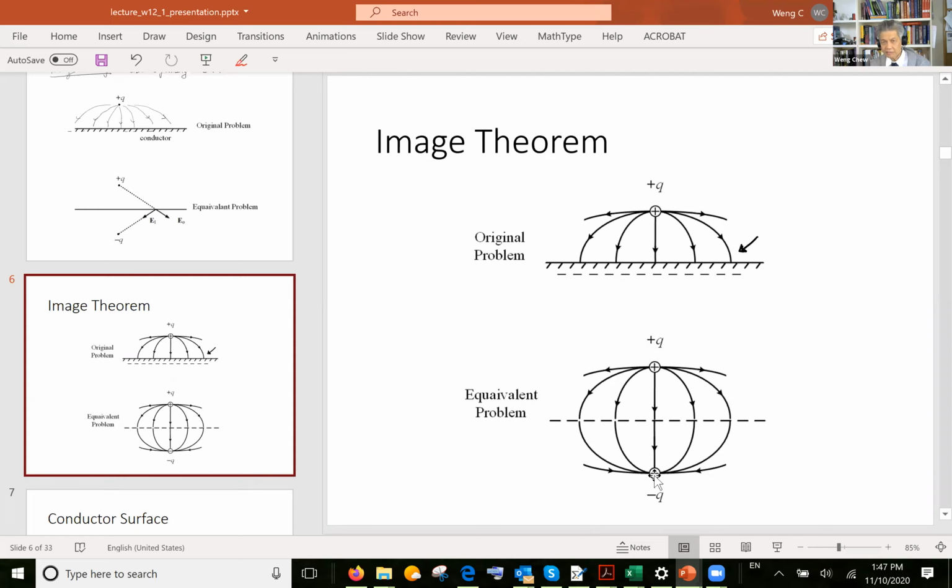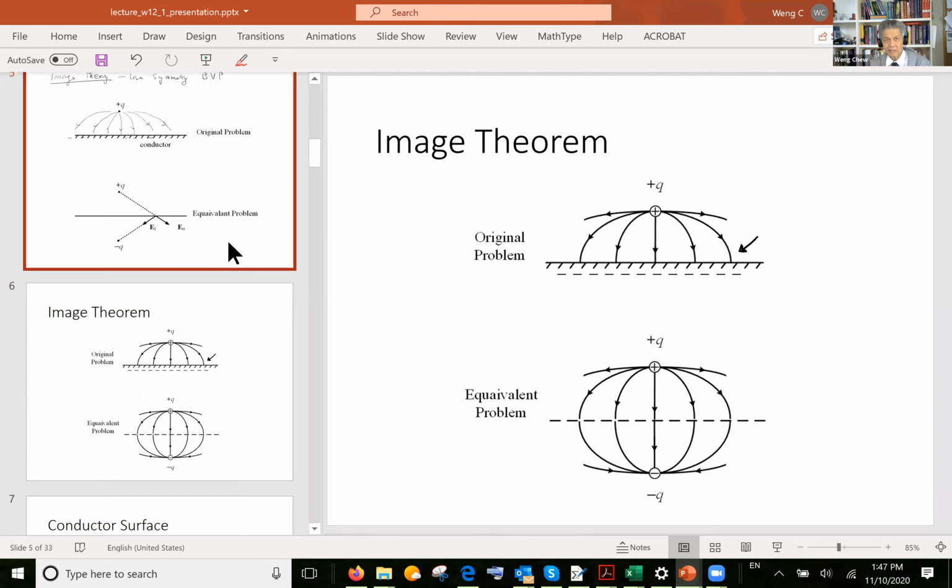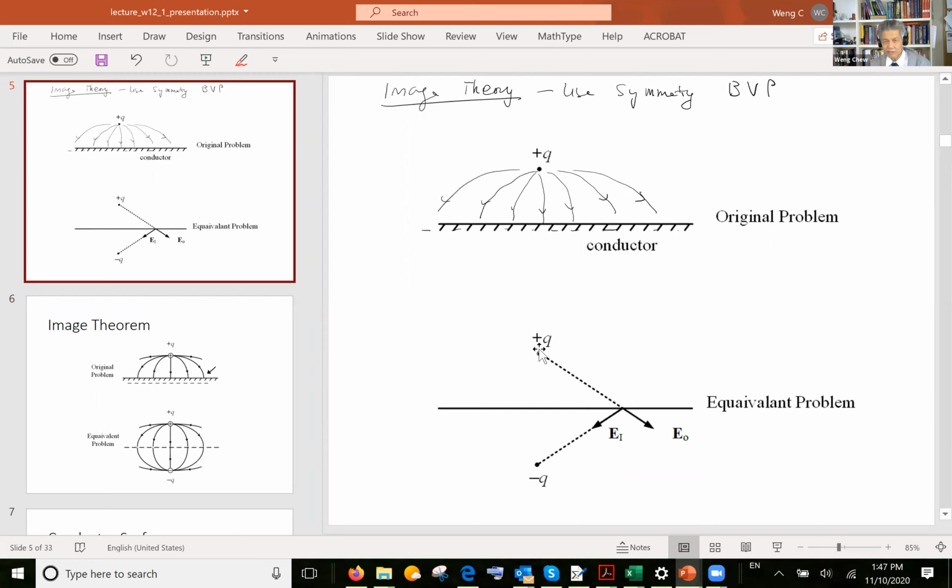If I have a negative charge in the bottom half space, the electric field must add up to be something like that. You can go through the detail: a positive charge by itself produces an electric field like this, and a negative charge by itself produces an electric field that looks like that.